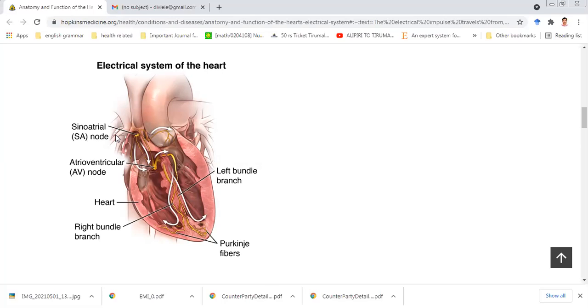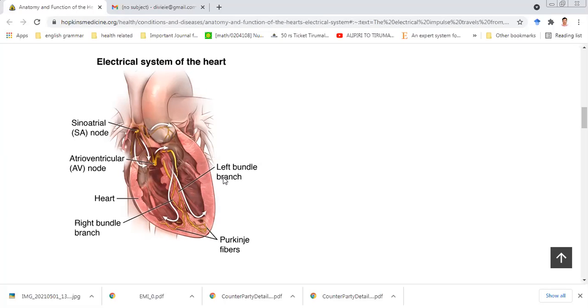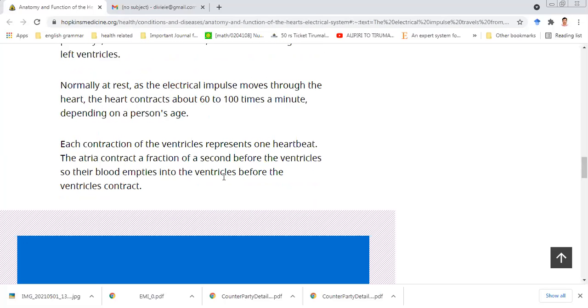The SA node generates the impulses at 60 to 100 times per minute for a normal human being.